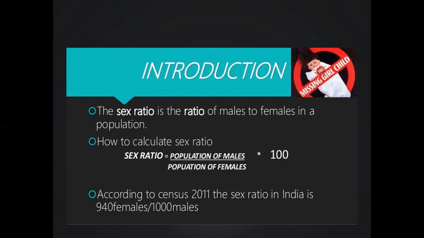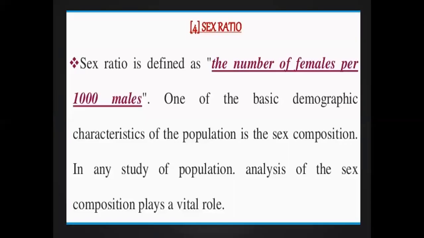We know that sex ratio equals population of males divided by population of females, times 100. Cadets, sex ratio is also defined as the number of females per 1,000 males.